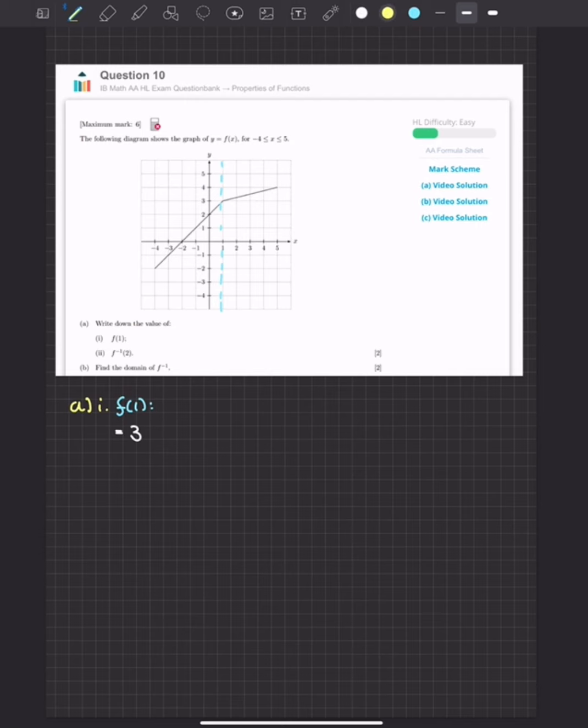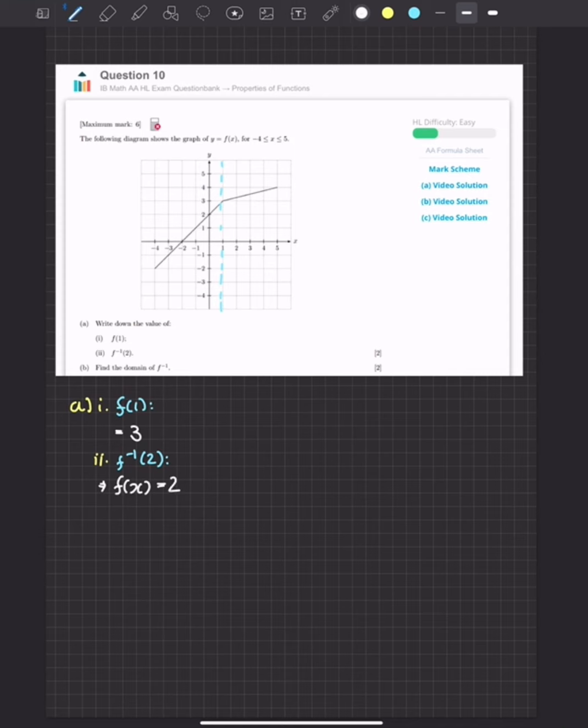Simple as that. Part 2 is asking for the inverse function of 2. And if you remember, the input for the inverse function is the output of the normal function, right? So this is basically f of x equals 2.